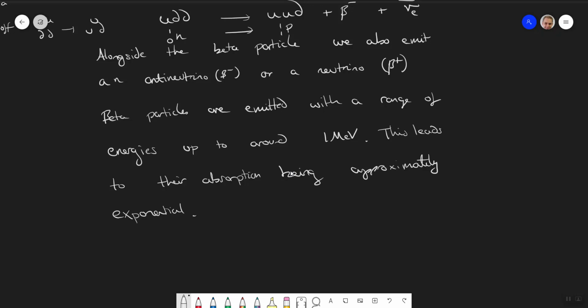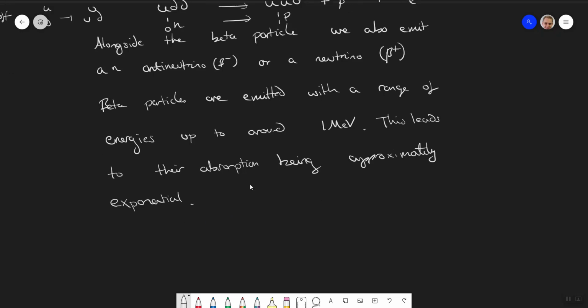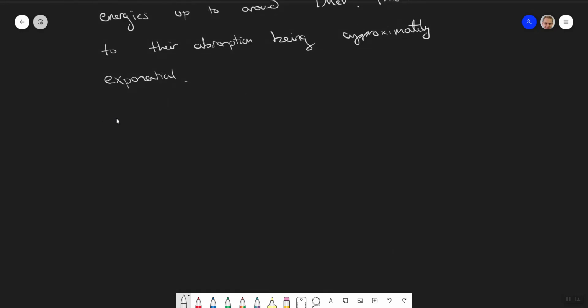So you can end up detecting the other things and not actually the beta particle itself. But what you would have is something that would look a bit like this: thickness of the absorber, and there's your number detected. Something a bit like that.